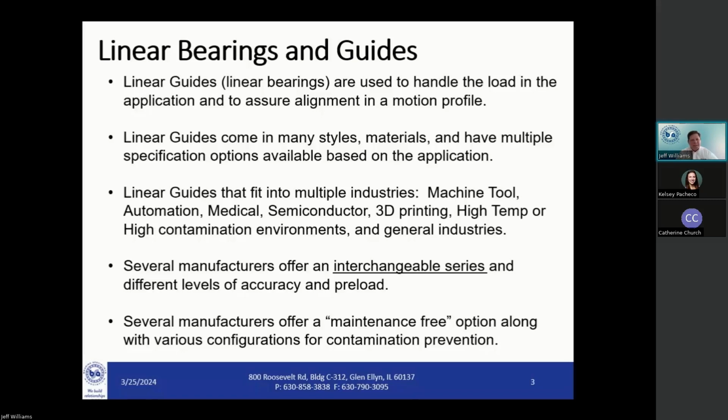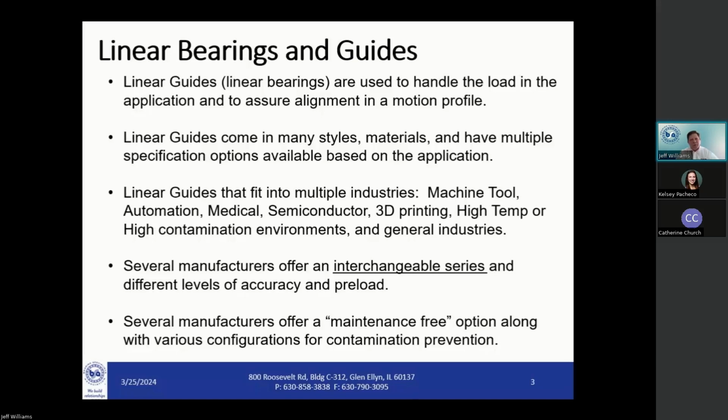There's a tube inside the carriage, and as the rolling elements go through that tube, they receive lubrication. Other manufacturers may choose to add an external plate on the carriage with lubrication. That lubrication would be applied to the rail, and you would achieve maintenance-free operation that way. So there are different ways to achieve it.